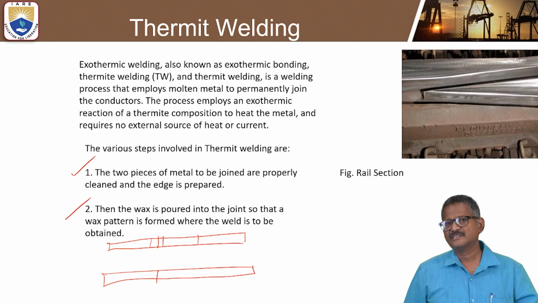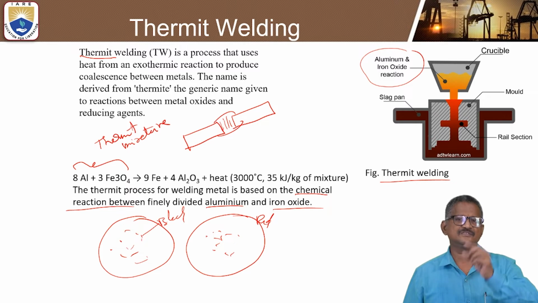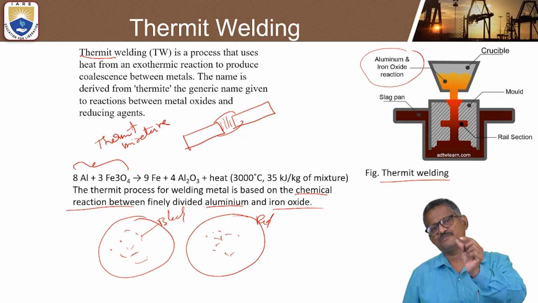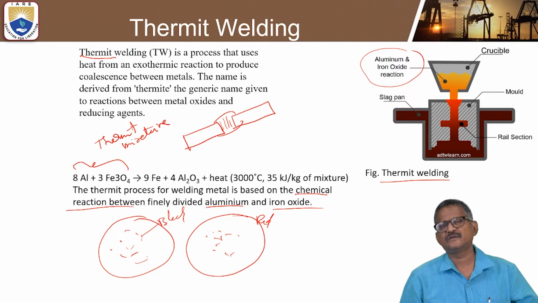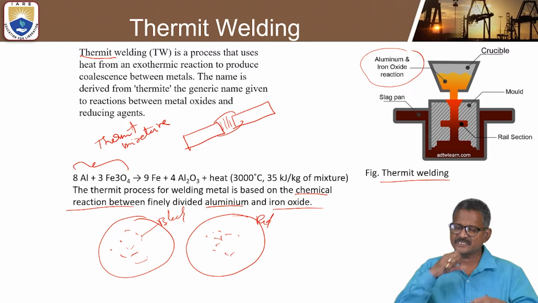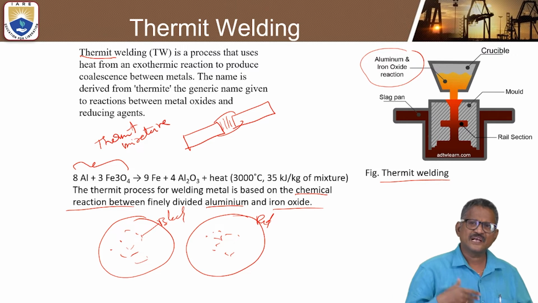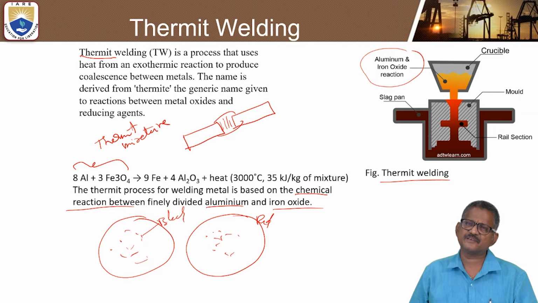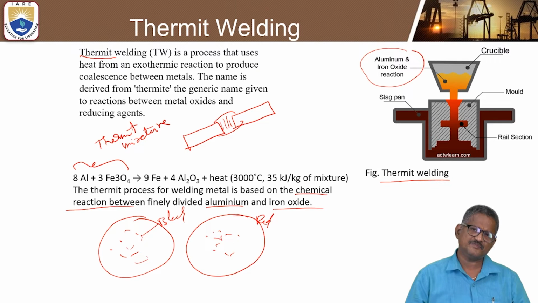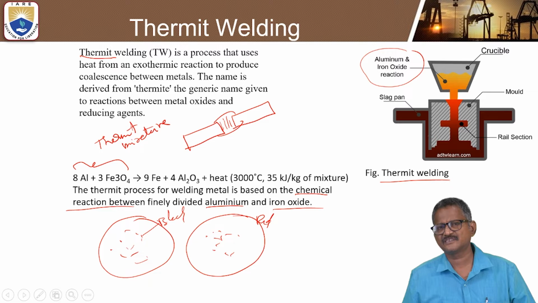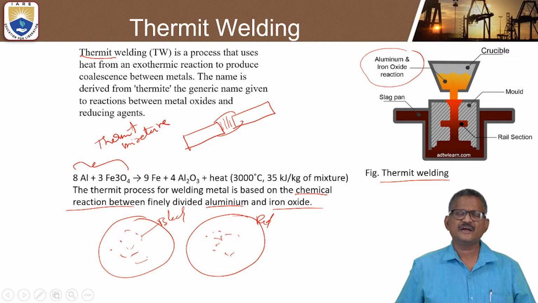Obviously, for the thermite mixture, the equation you see is 8 parts of aluminum combining with 3 parts of iron oxide. In the thermite mixture an exothermic reaction takes place, so that the oxygen is removed from the iron oxide, and it becomes iron, and the iron oxide is added with the aluminum powder, so that aluminum oxide is formed.